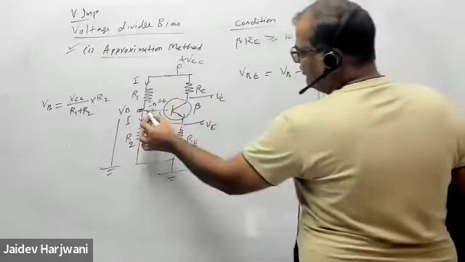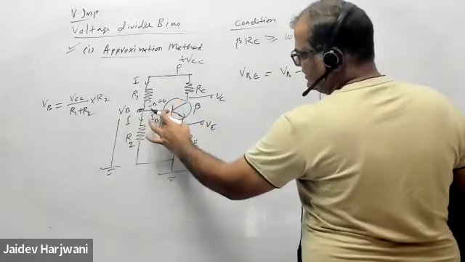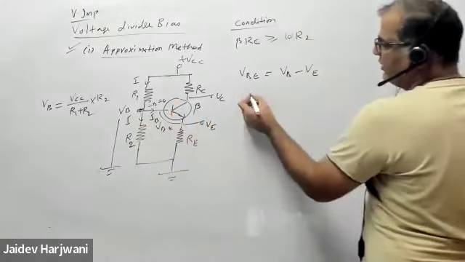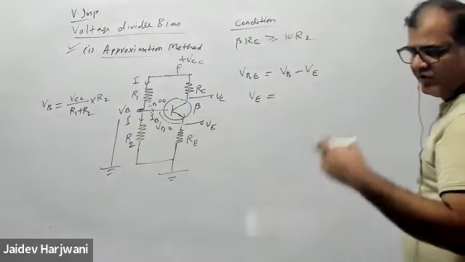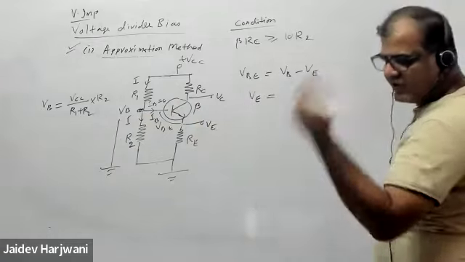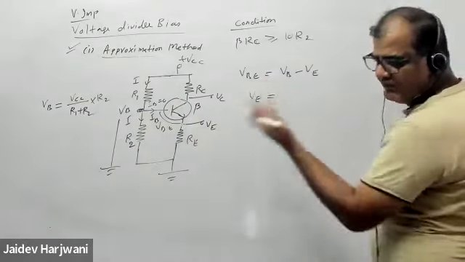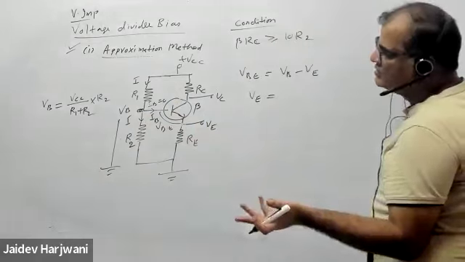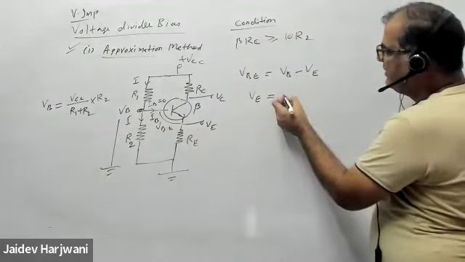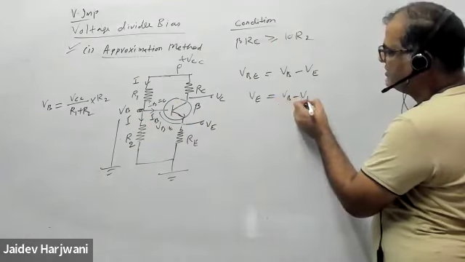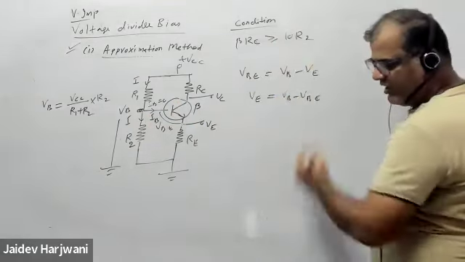So directly this voltage minus this voltage will give you VE. So you can calculate VE directly without knowing IB, without knowing beta. You don't require beta, but it's given, so you require it for the comparison, otherwise you don't require beta. So whenever beta is not given, you can use this method. So VE will be VB minus VBE. Directly you find VE.